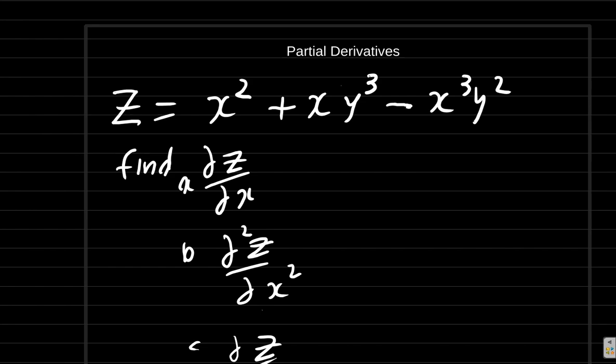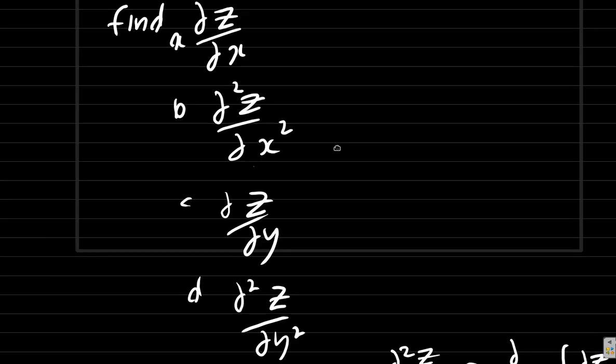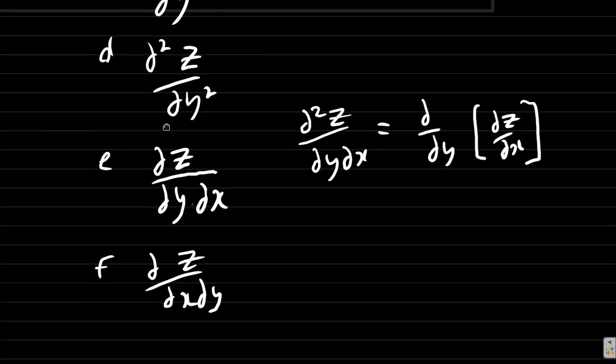You're supposed to find the first partial of z with respect to x, the second partial of z with respect to x, the first partial of z with respect to y, the second partial of z with respect to y, and then the partial squared of z with respect to partial y, partial x.